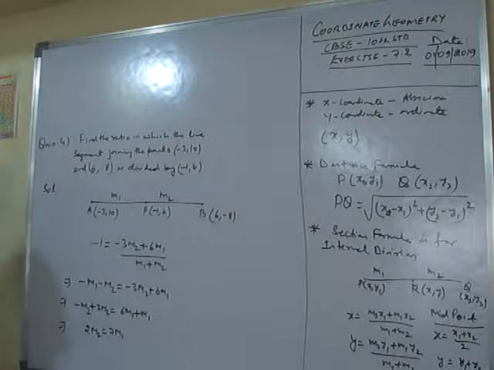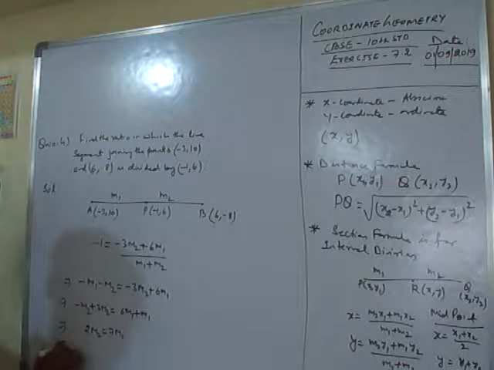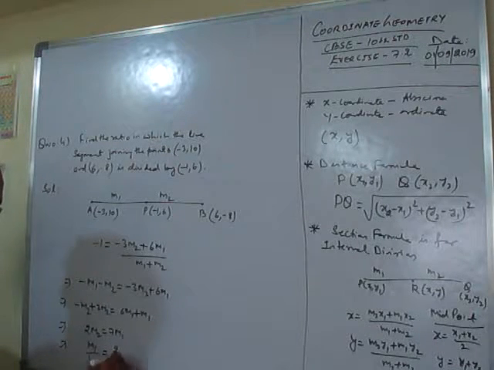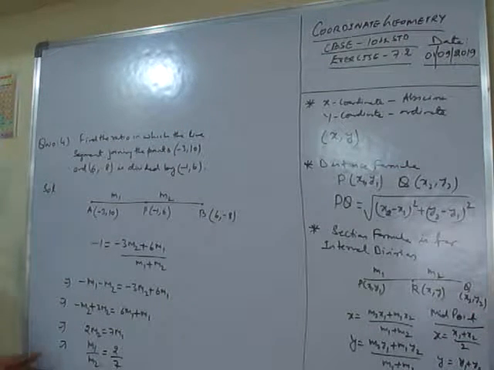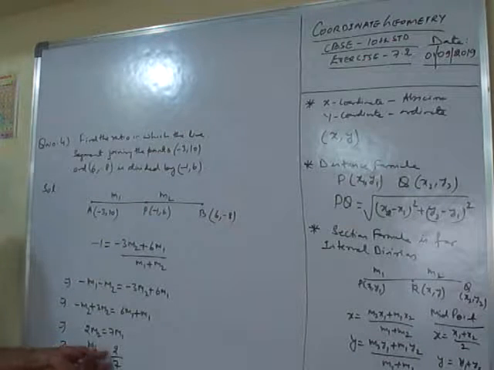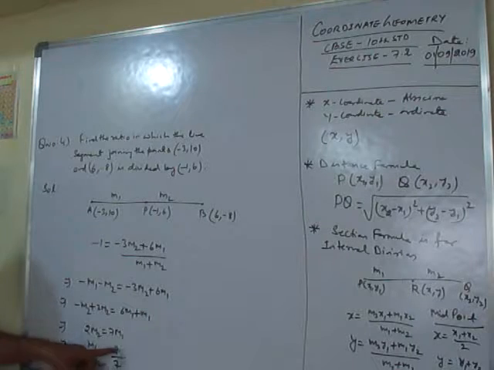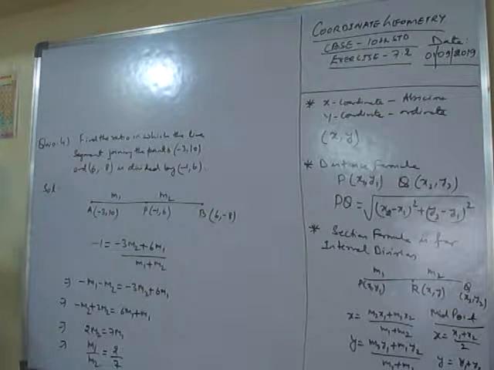Now we can write m1 by m2 is equal to 2 by 7. Here m2 into 2 is 2m2 and 7 into m1 is 7m1, so we can very well write m1 and m2 as a ratio.